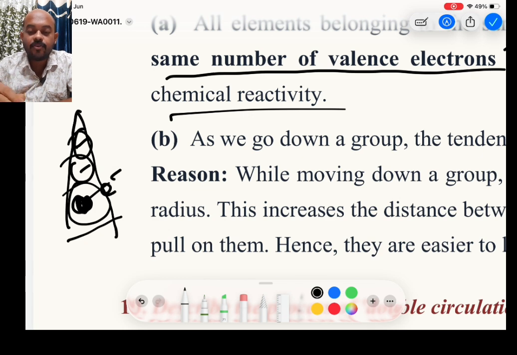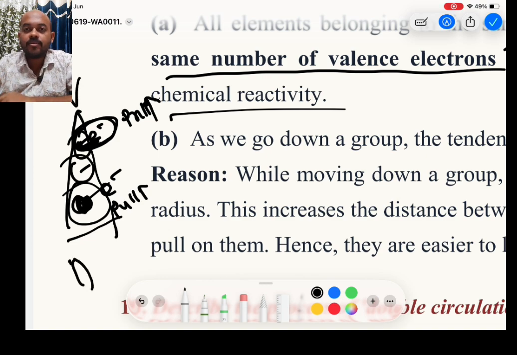So suppose here the nucleus is here, the pull will be more here, but here the pull will be less. Why? Because the size is increasing, and as the electrons go far away from the nucleus, the pull slowly decreases.